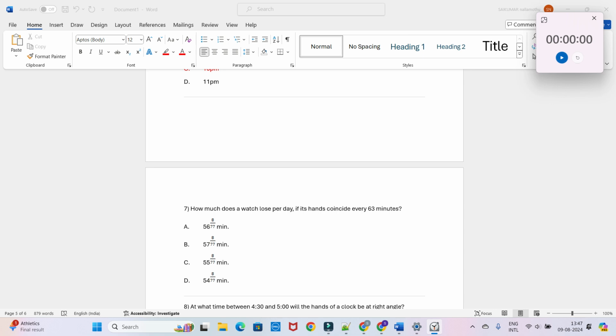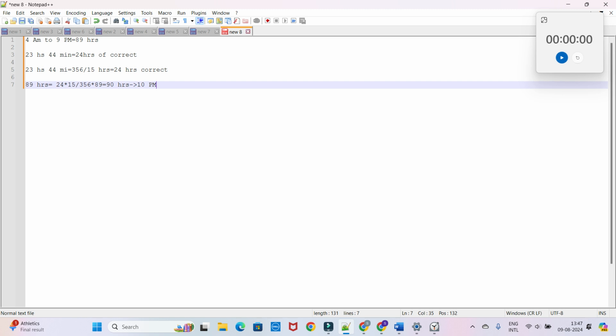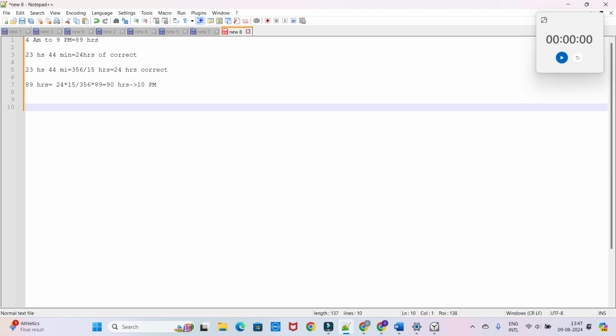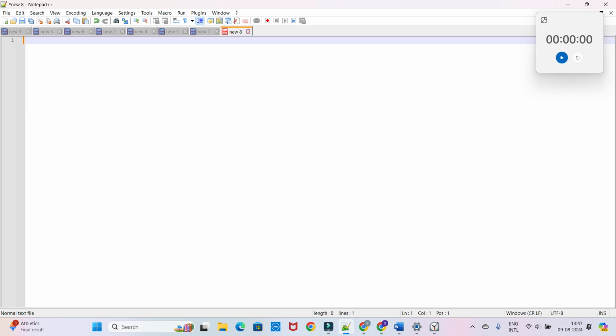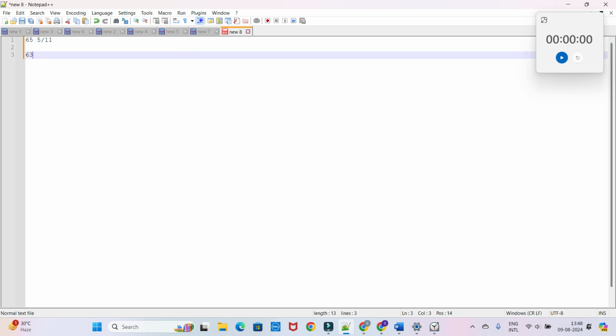So let me show you. The hands of the clock generally will coincide at 65 5/11 minutes in every hour. As per the question, the hands coincide every 63 minutes.